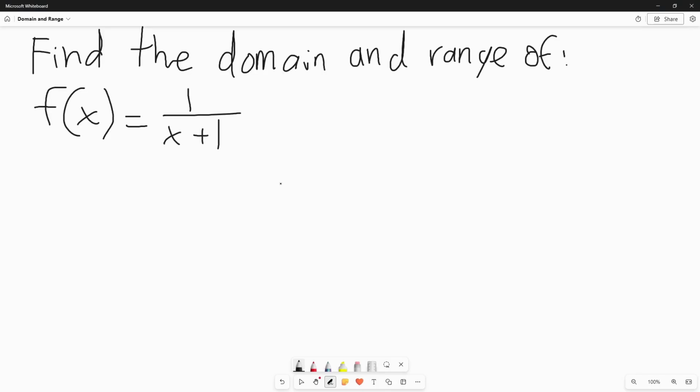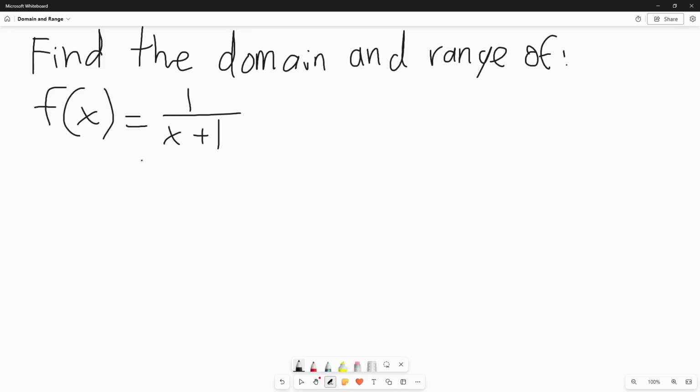Now let's do another practice problem. If you think you know how to do this problem, then pause the video and try it. But this problem asks to find the domain and range of this function f of x equals 1 over x plus 1. Now, in this video, all we've done is find the domain and range of graphs that we can look at. We can look at like the points on the graph and stuff.